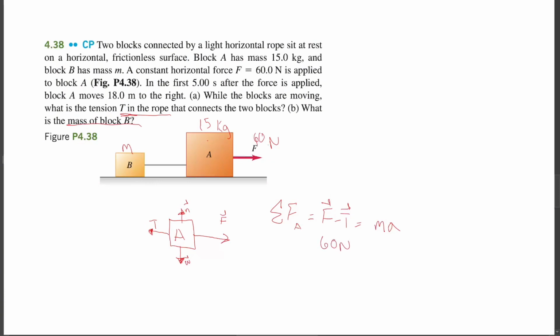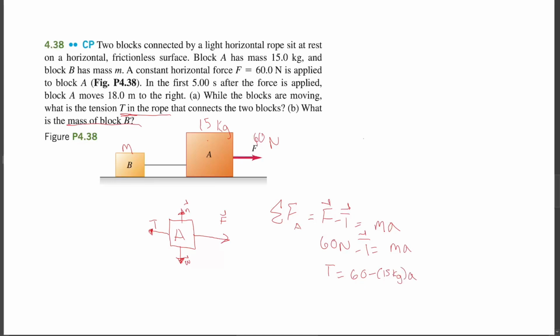And for A, we're trying to solve for T. So putting T on the left side of the equation, T is going to equal 60 minus the mass of block A, which we know to be 15 kilograms, times the acceleration.